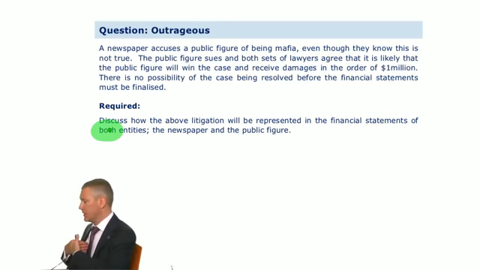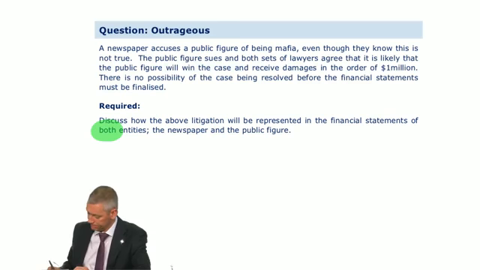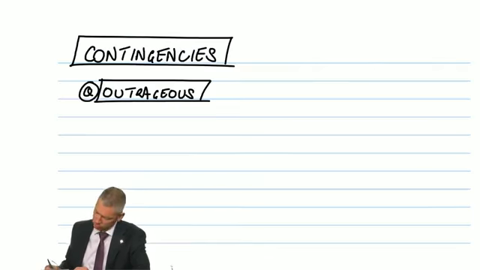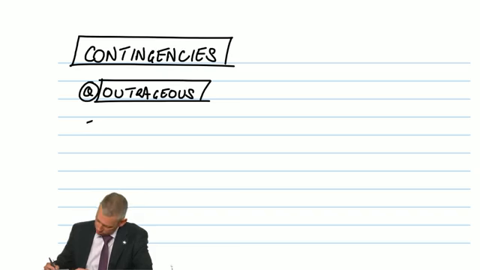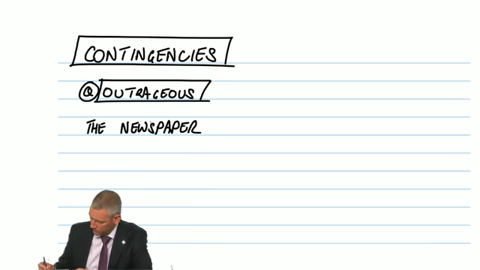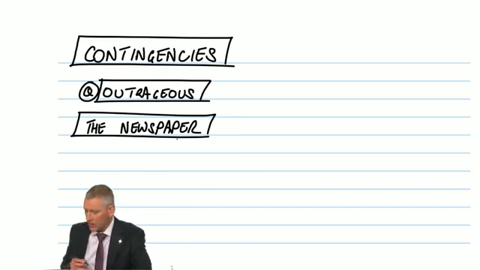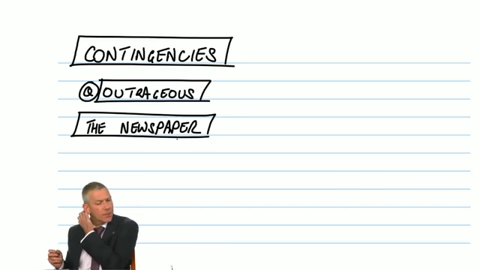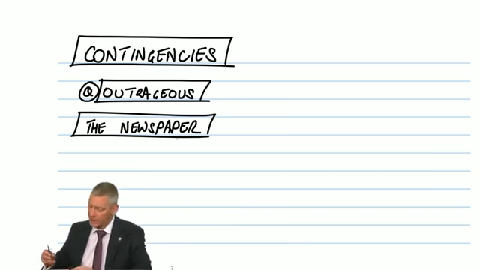The newspaper has the potential outflow and the public figure has the potential inflow. So the newspaper has a probable contingent liability.